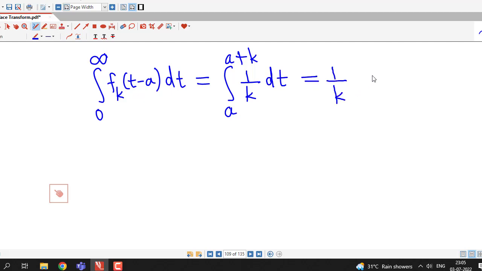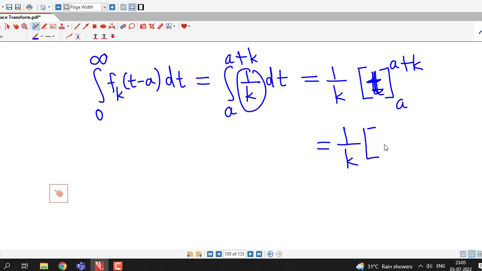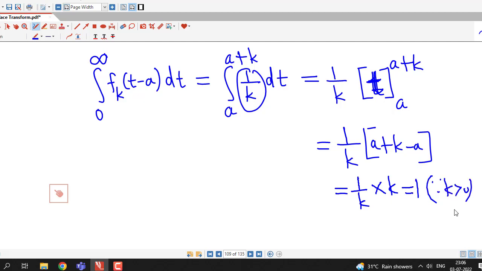So if we integrate with respect to t, we have the integral of dt as t, and limits of t are from a to a plus k. 1 by k is constant, the integral of 1 with respect to t is t, and then we substitute limits of t as a plus k and a, and we can see that we have 1 by k into k equal to 1, because k is positive.